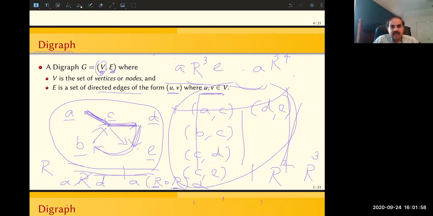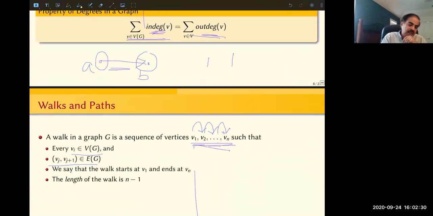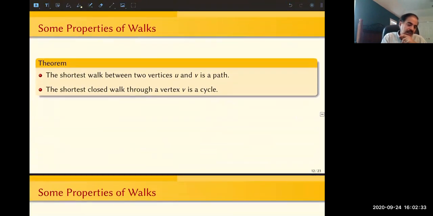Now you are visiting the same vertex C twice. So therefore, this is not a path. But it is still a walk, because a walk does not have any constraints on how many times you go through the same vertex, whereas a path says you can go to a vertex only once.